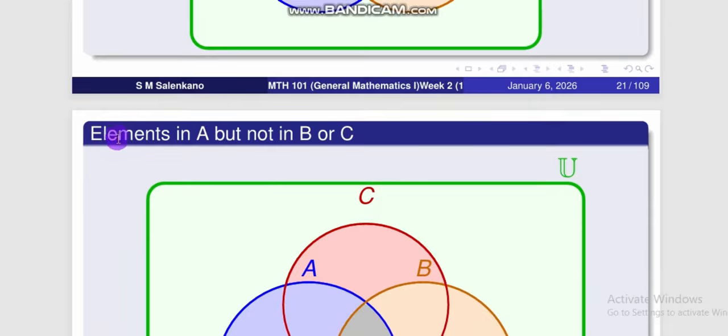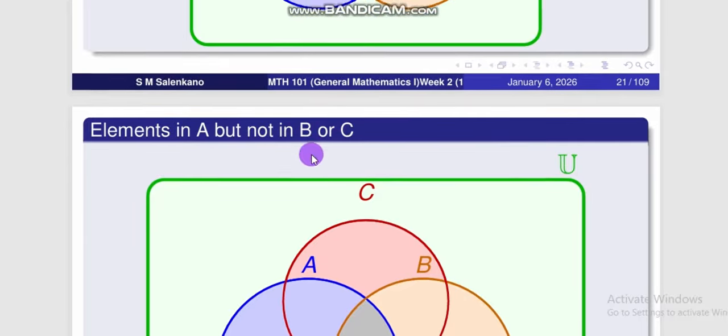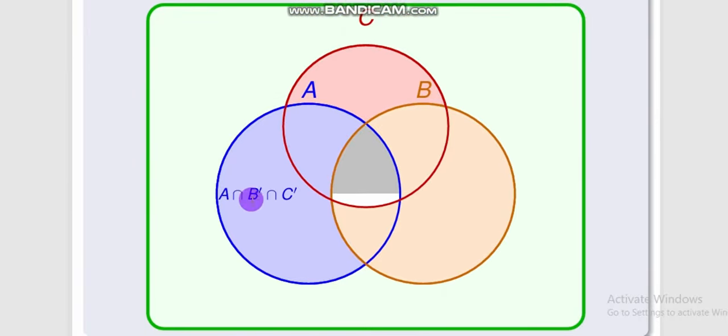The first one is elements in A but not in B or C. Where do we have that? This is where we have it: A intersection B complement intersection C complement. This means in this region you are recording elements that are in A but not in B and not in C. They are in B complement because this region is outside B, and outside B is part of B complement.